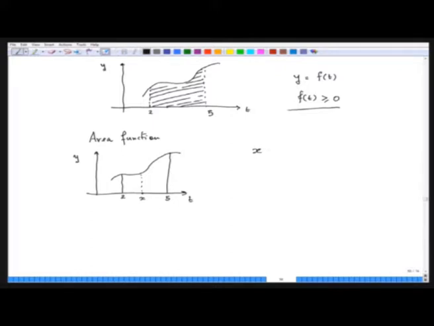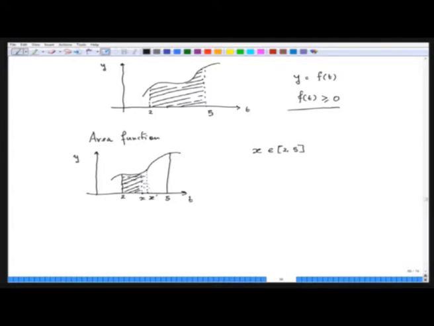Of course, you can consider 5 or 2, but for the moment, consider an x which is neither 2 nor 5, and then let us look at the area from 2 to x. It is this. Now, if I slightly change my x, I bring it here, say x dash, then I have a different area.